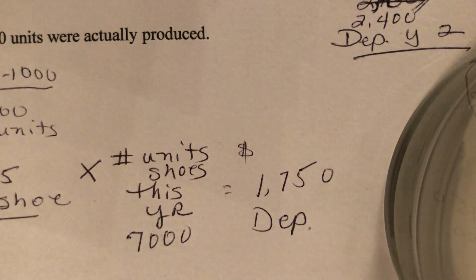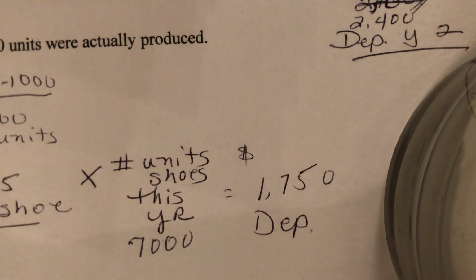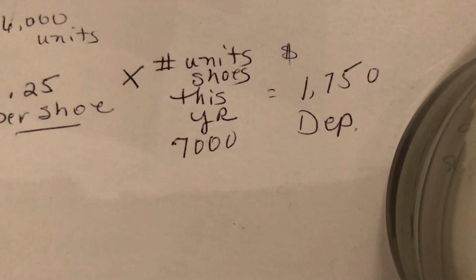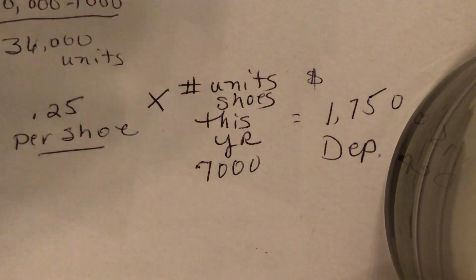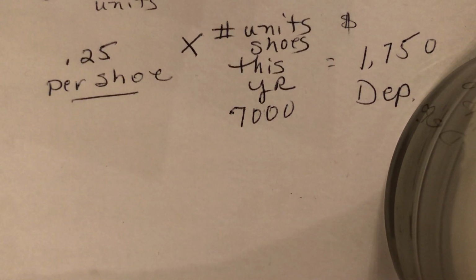And remember, we're spreading the cost of this piece of equipment over the time that we're going to use it. But in this case, we're using based on the number of shoes. Okay.